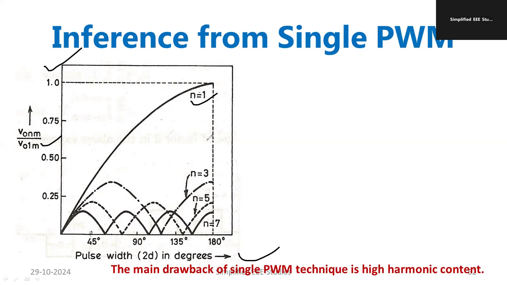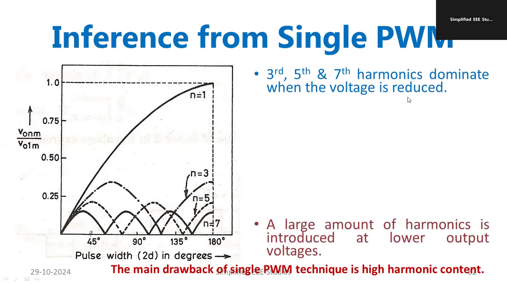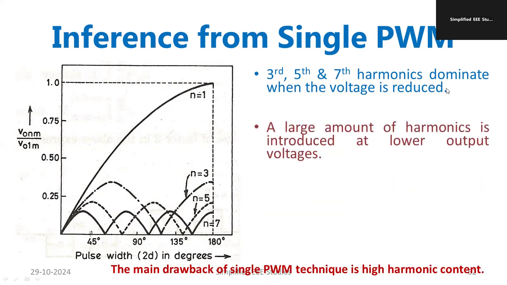Look at this: n equal to 1, n equal to 3, n equal to 5, n equal to 7. More odd harmonics are present, which is not a favorable option for using a single pulse width inverter for precise applications. It is a conventional method, but it is not suitable because many severe harmonics are present.